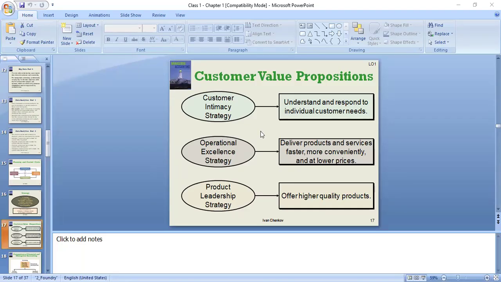Can you do that in real life? Yes, you can. Do we have examples of that? Yes, we have. The usual example that I use in this case for the product leadership strategy is Louis Vuitton. I don't know if you've been watching basketball lately, but if you have, especially the after-game interviews with LeBron James, he is wearing a Louis Vuitton shirt.